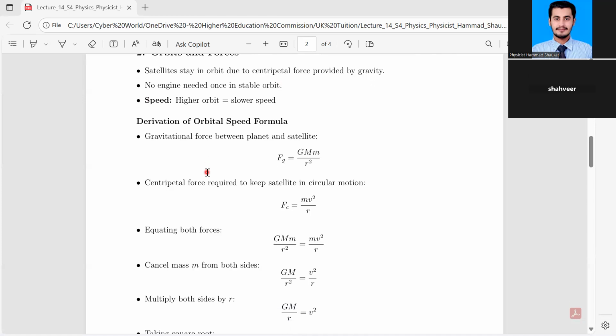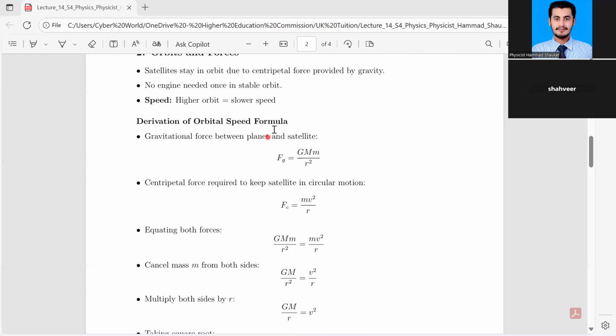Now let's move on to an important thing, the derivation of orbital speed. We already discussed orbital speed, but how can you derive the mathematical relationship of orbital speed? We can derive it with the help of the gravitational force formula.